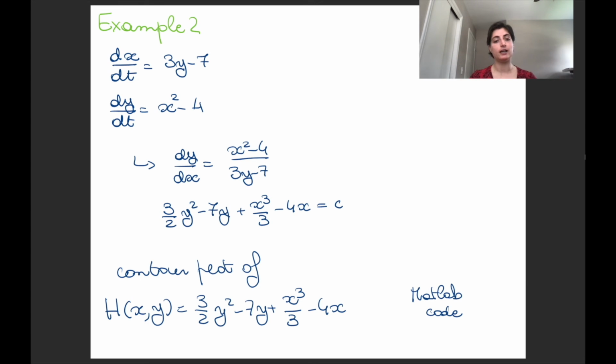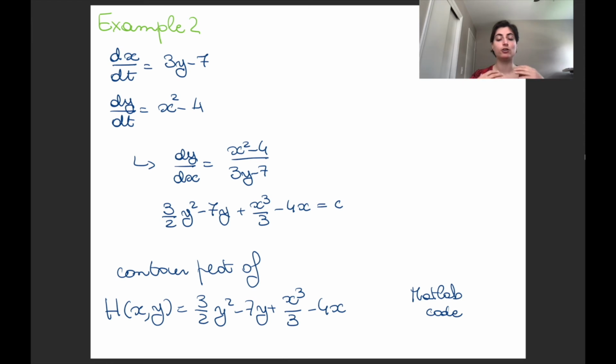We can again do the separation of variables and the integration, and we retrieve that the trajectories of this ODE system need to satisfy 3/2 y squared minus 7y plus x to the third divided by 3 minus 4x equal to c. While this is information about the trajectories of this system, it is not something very easy to plot.